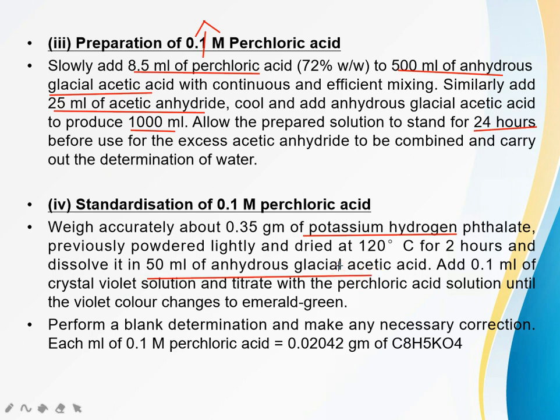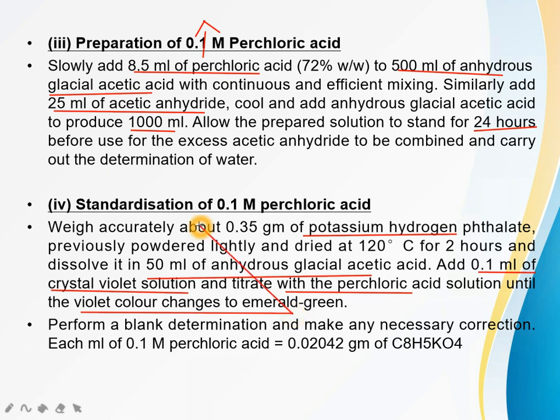We have to choose solvents other than water because it is non-aqueous titration, and then titrate with the perchloric acid using an indicator, that is, 0.1 ml of crystal violet solution, and the end point color change will be from violet to emerald green.